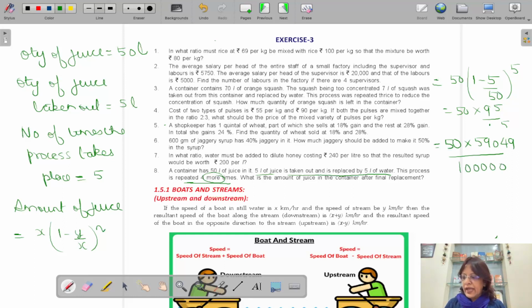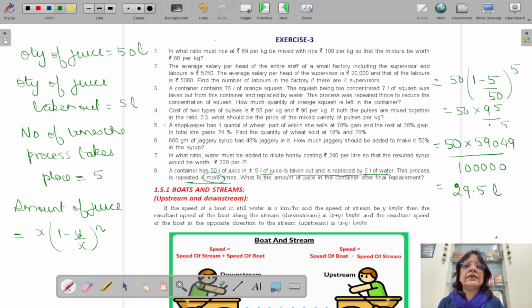You can calculate this and check. When you simplify this, the final answer you will get is 29.5.